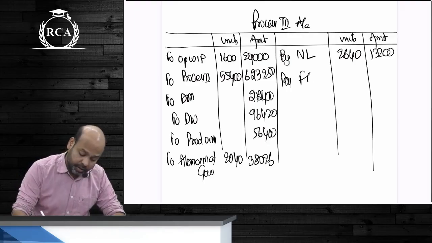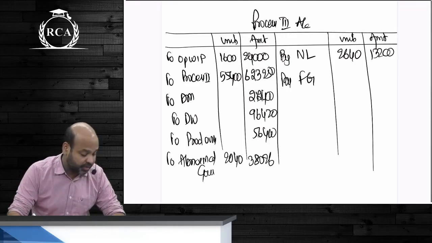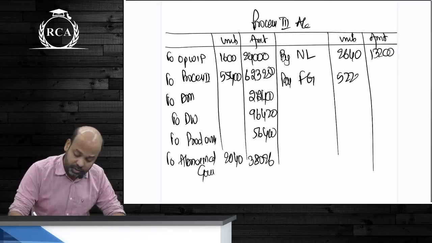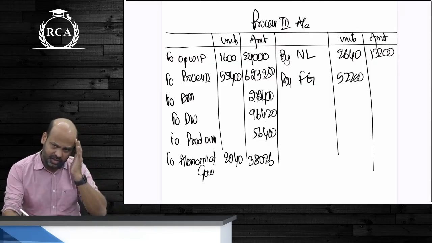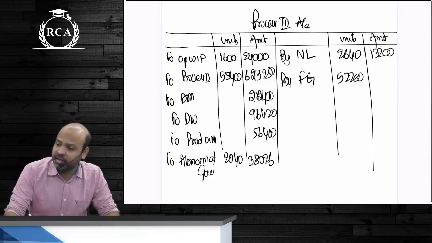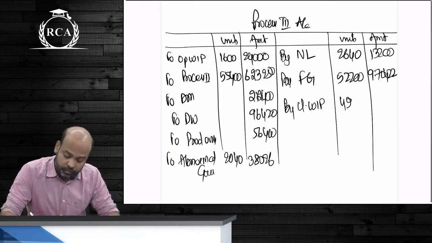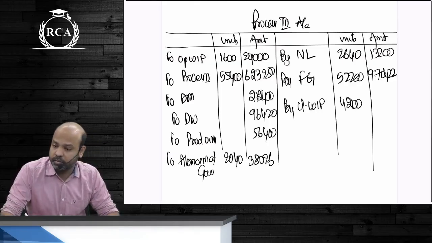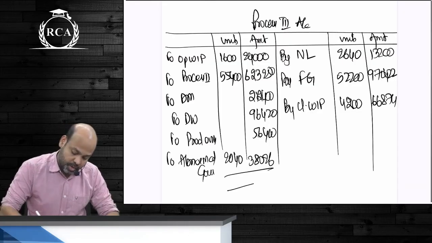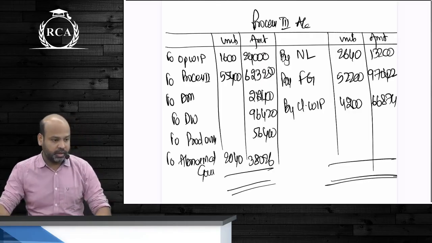By completed units, these will go to finished goods, beta, 52,200 valued at 9,70,422. By closing work in progress 66,874.